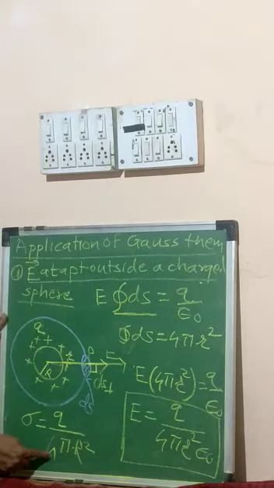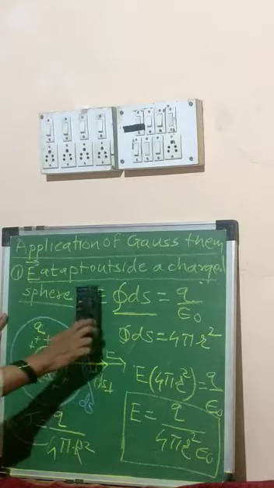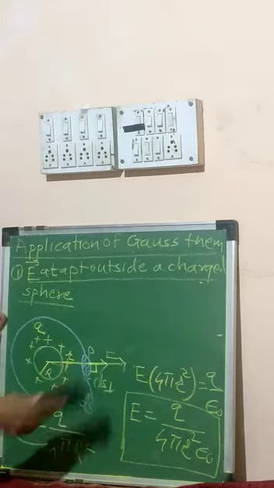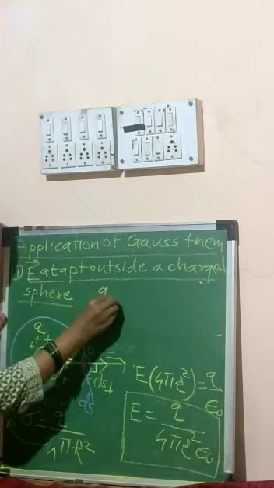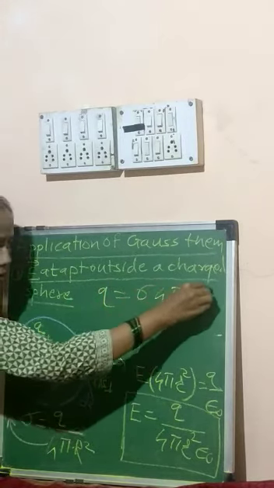This is nothing but the value of your sigma. So from this expression, I can put the value of q. Value of q can be written as sigma times 4 pi capital R square.